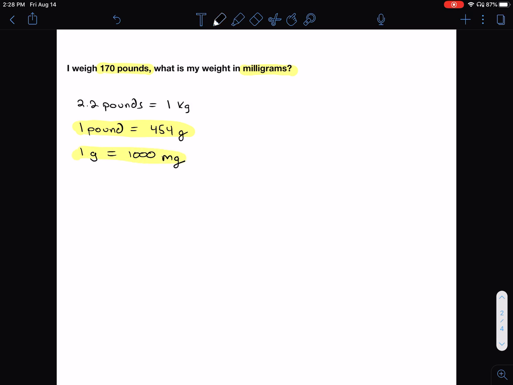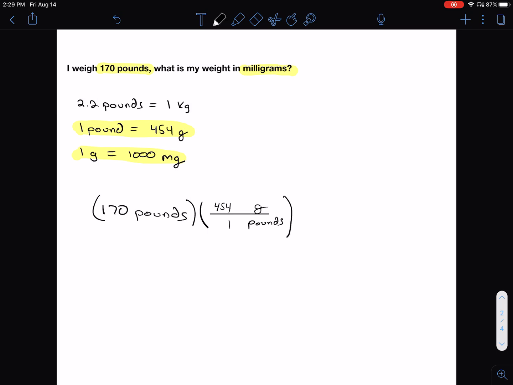So we're going to start off again with the number that's given, 170 pounds. And we first need to go pounds to grams, so I want pounds to cross off, so I'm going to put the pounds on the bottom, that was 1 pound, grams up top, 454 grams.